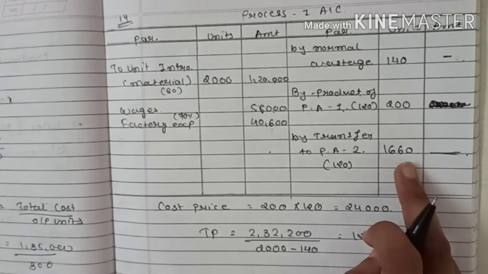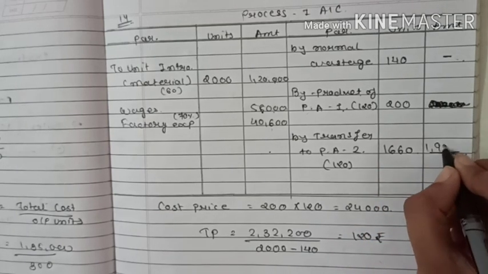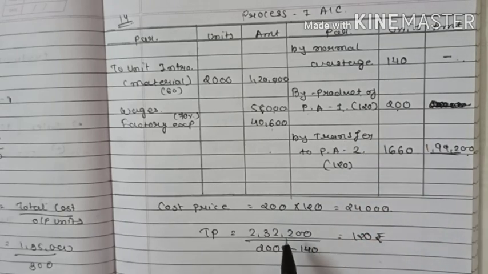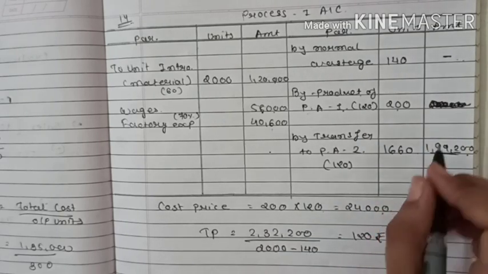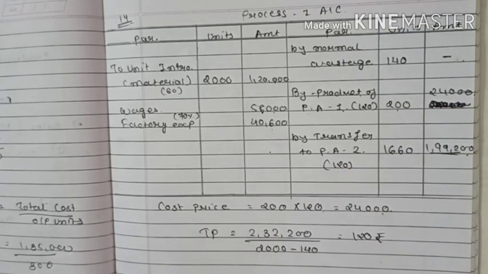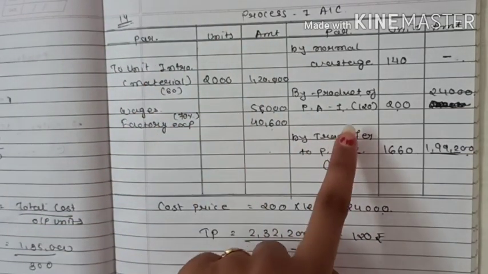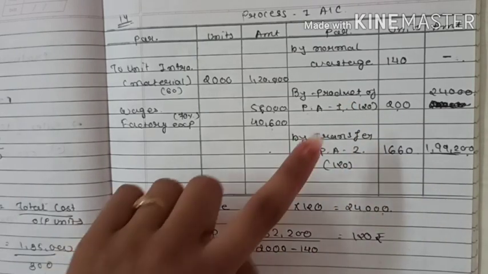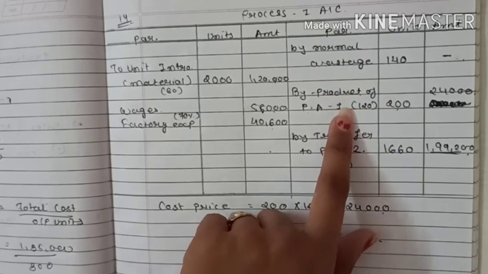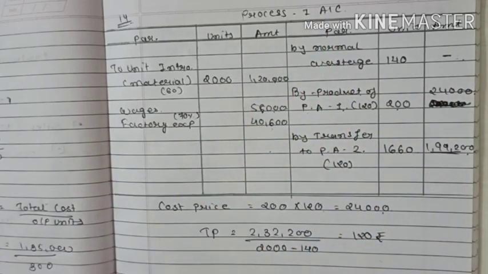So 1660 into 120, we get 1,99,200, and 200 into 120, we get 24,000. Out of that, we have to prepare a byproduct account. So let's transfer this into the byproduct account. Here it is on the credit side, so in the byproduct account we come to the debit side.